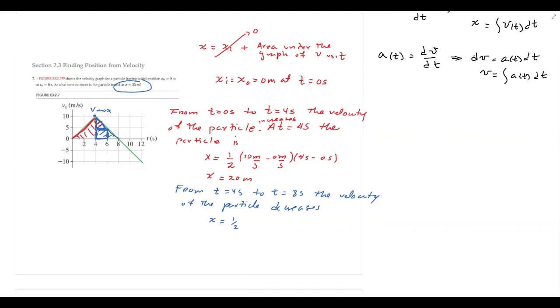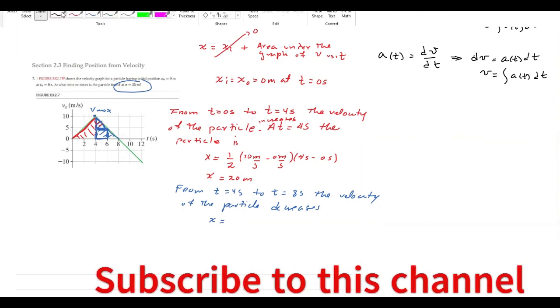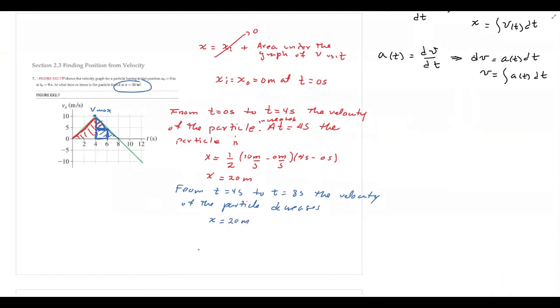So I will just find the value when t is equal to 6 seconds. In this case, I have the initial 20 meters plus the area under the graph in this second portion, from 4 to 6.